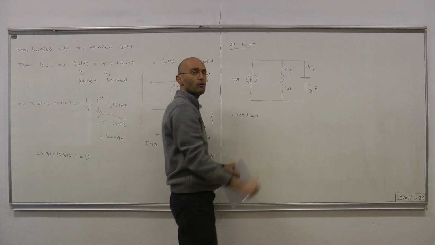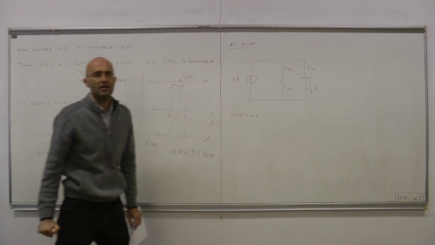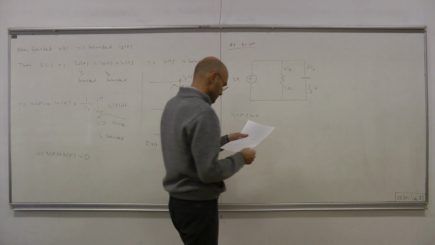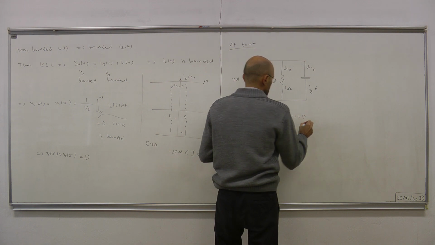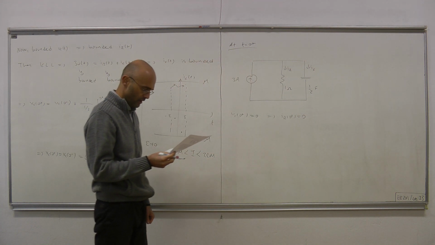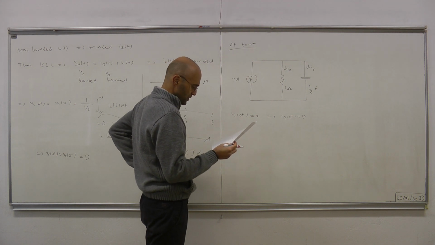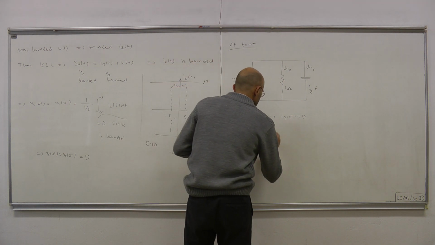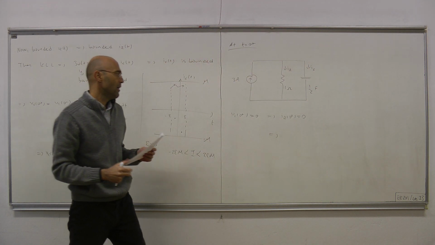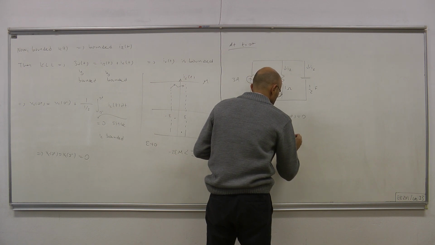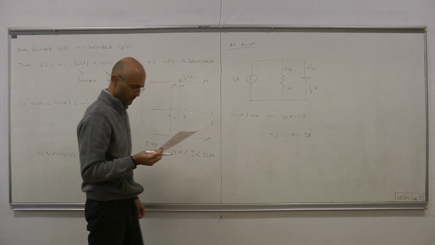And if this behaves like an open circuit, it means that all this 3 amp current is flowing over the capacitor. And we're done. So this means IR 0 plus equals 0. No current passing initially over the resistor. And this is 0, this is 3, therefore by KCL, IC 0 plus must be 3 amps.